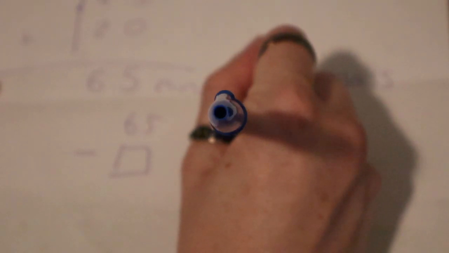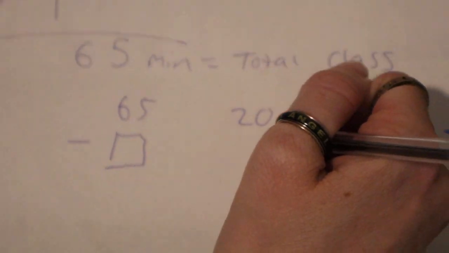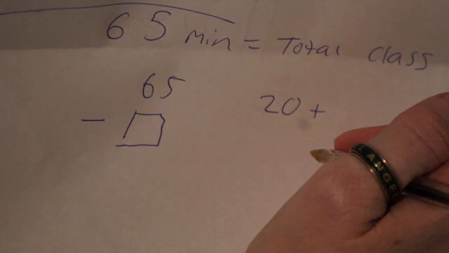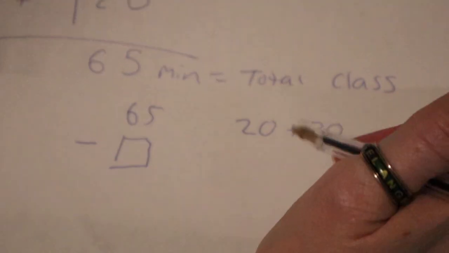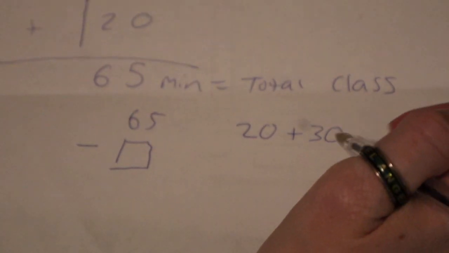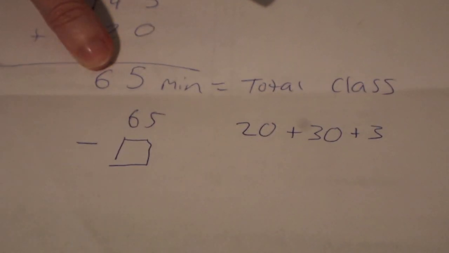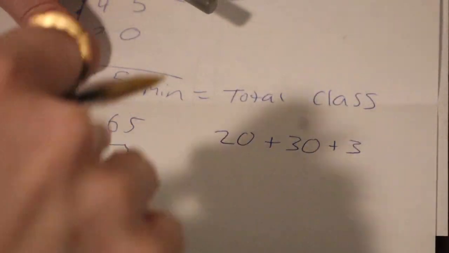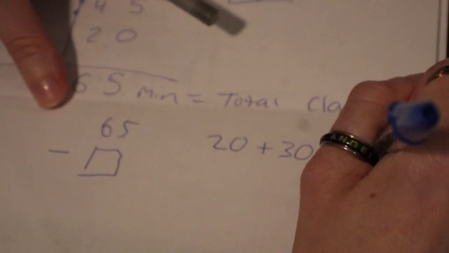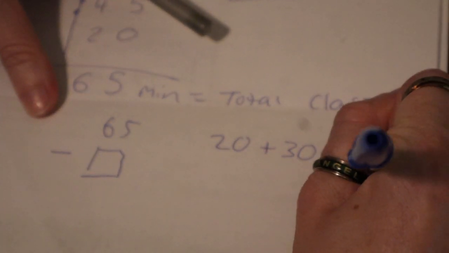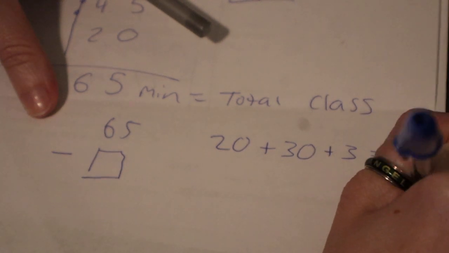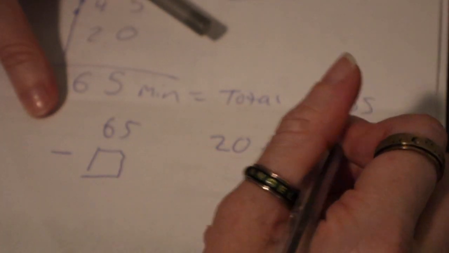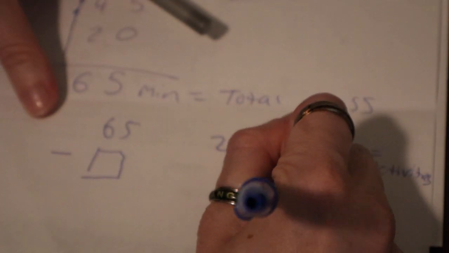So we have, she spends 20 minutes stretching plus a half hour, which is 30 minutes, because half of the hour is 30 minutes. Practicing the routine plus 3 minutes for the water break. So now let's add those together. This is activities. So 20 plus 30 plus 3 is 53.